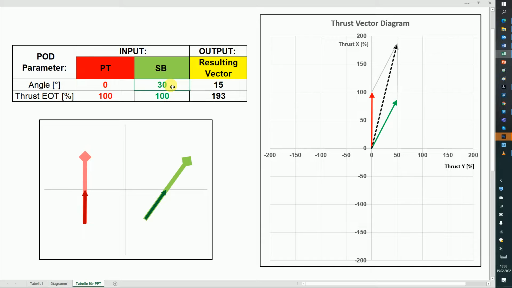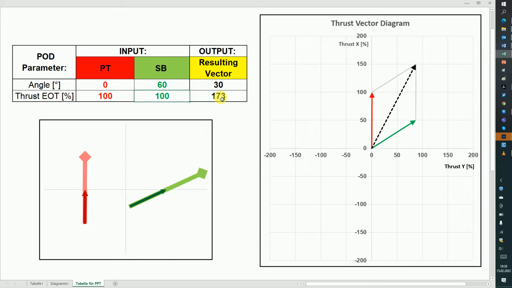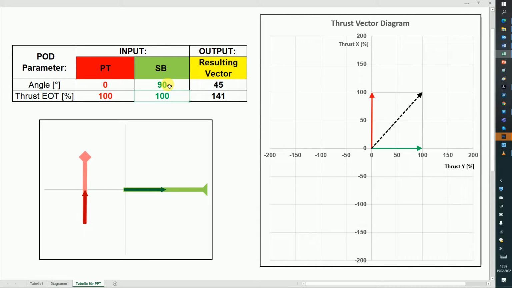If you go to 60 degree, then we see it's only 75% of the sum of both of these engine order settings. If we go to 90 degree, so the 90 degree difference between both pod angles, about 75% of the sum of both remains. It's 150% of one pod, so to say.